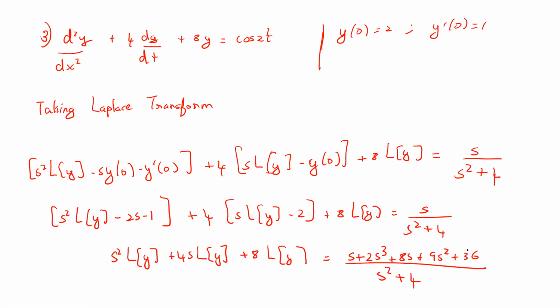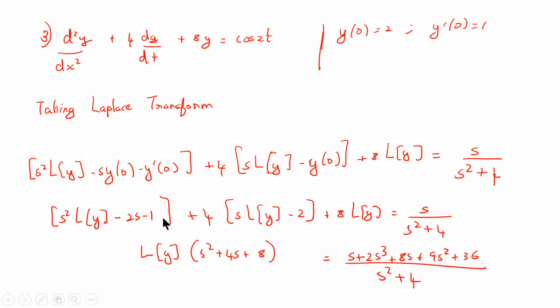So this is what you get on the right hand side. On the left hand side, I will take L of y common and write the remaining terms inside. So L of y is common, and then I have s square plus 4s plus 8.